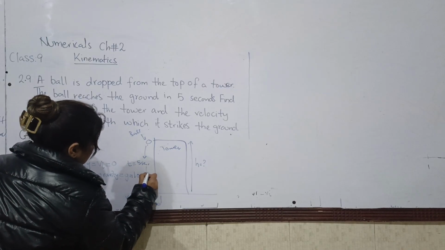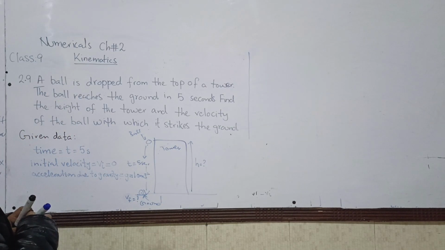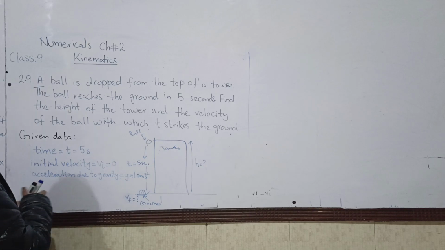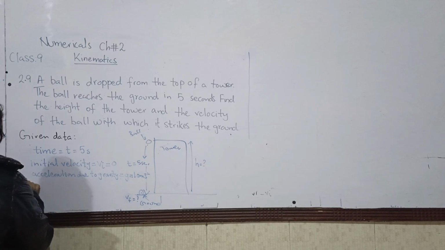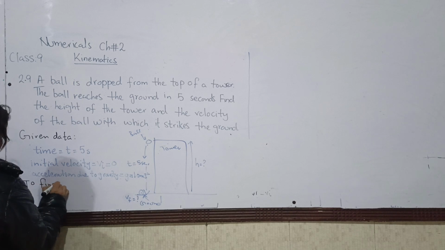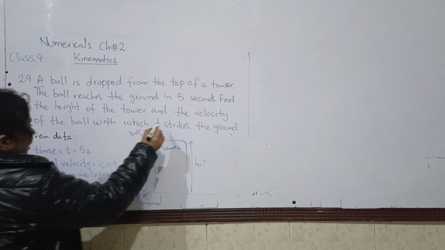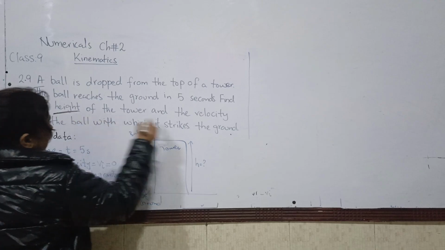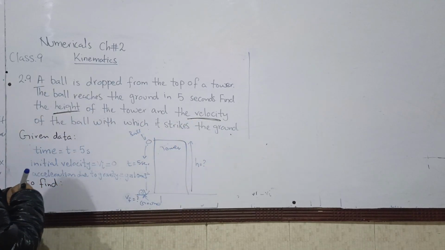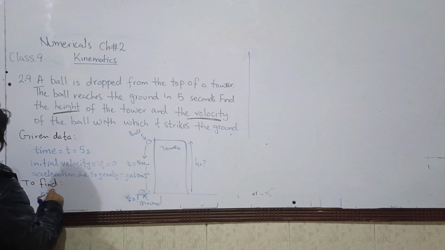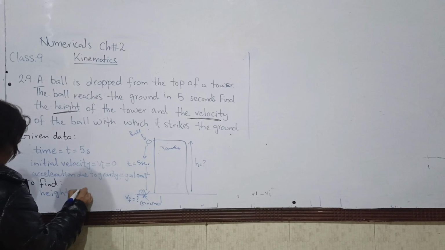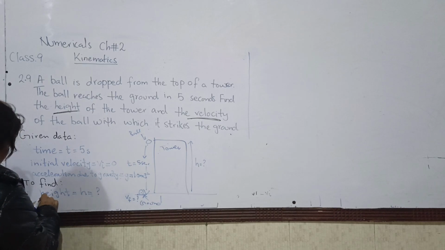Otherwise I will write with black. To find, they ask two things: height, that is h, and velocity, that is the final velocity, vf.